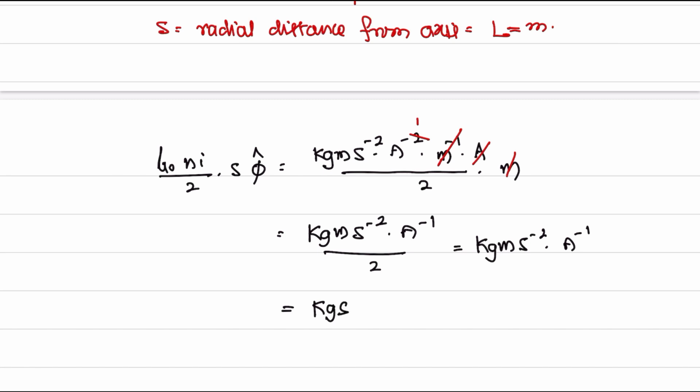Kg per second square per ampere, into meter, is equal to Tesla meter. What is the Tesla meter? Tesla meter is the unit of vector potential.